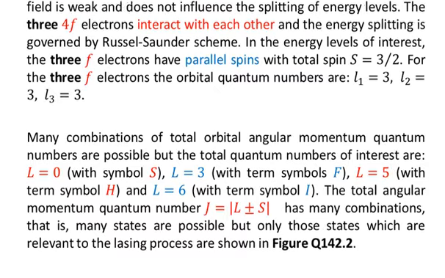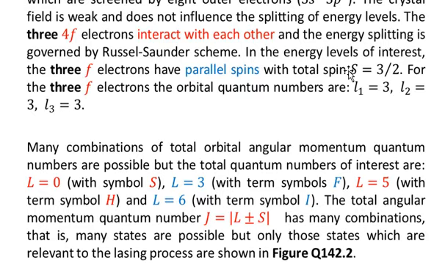You see that I have the 3 electrons which contribute to give you total spin capital S equal to 3/2. And the orbital quantum number of each of the f electrons, because we are talking about 3 f electrons, is L equal to 3. The second f electron has L2 equal to 3.